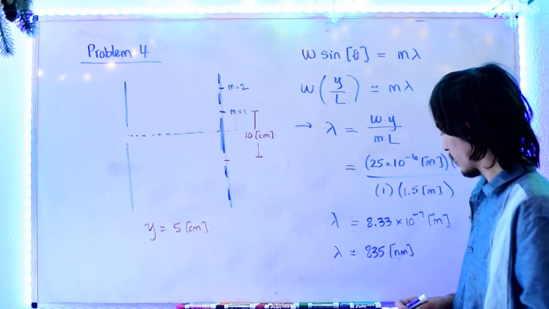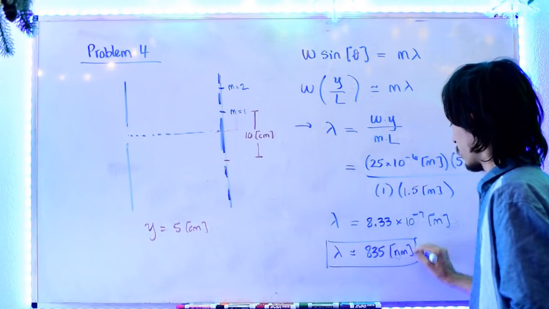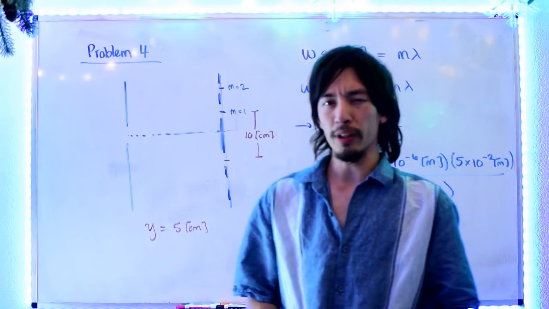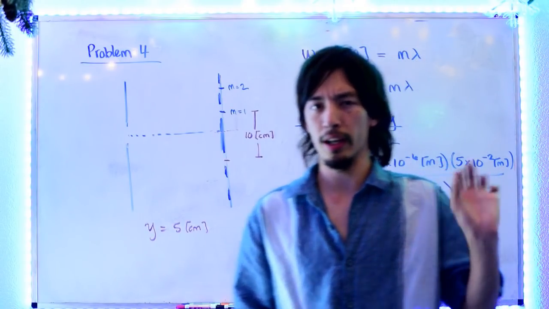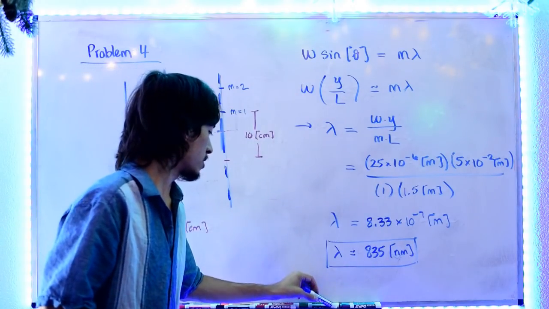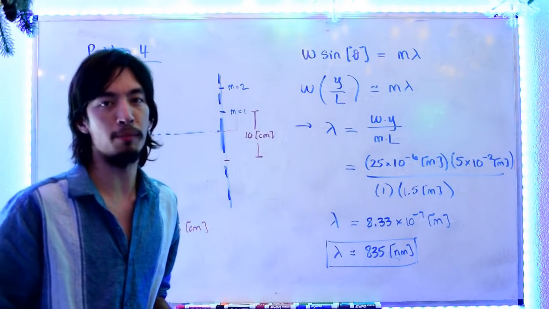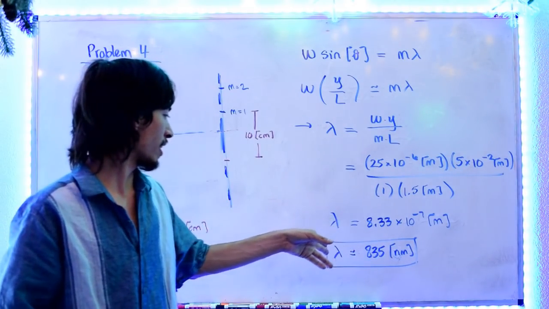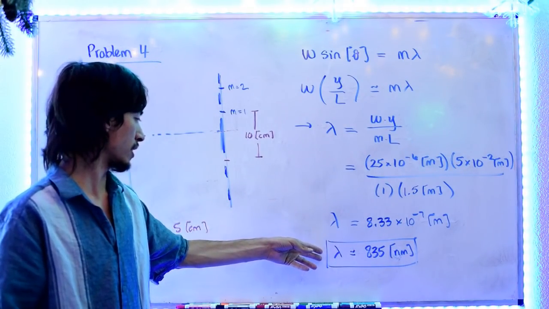Okay. You might want to check my math at any point during this, just in case I accidentally plug in something wrong, but it should be 835 nanometers. The reason why I say that is because when I made this problem, I actually think I got a different number than this, so you can double check if you get the same answer as me.